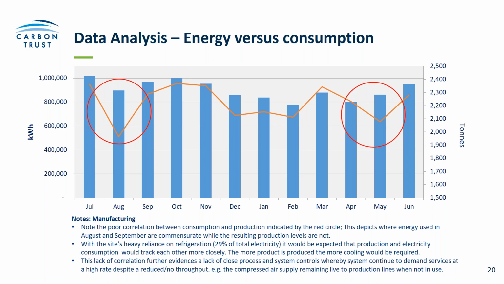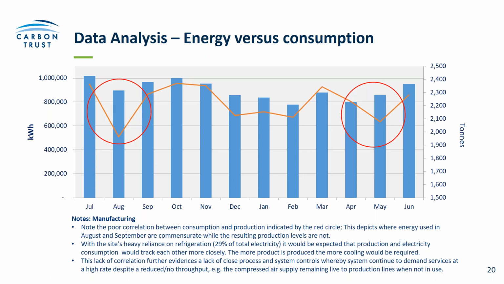What you would be expecting is that those two track well with one another. Broadly speaking, it does. But you can see there in August, when the production levels are fairly constant from June or July, August to September, that the production has dropped down. So you would have expected the electricity consumption to drop accordingly.